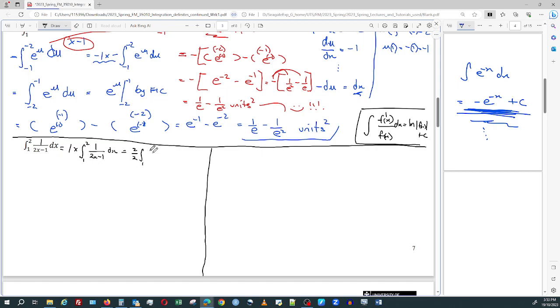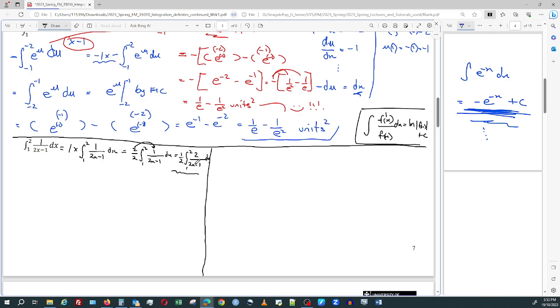So this is the maths that goes on at school. Now we're going to take this 1/2 and put it out the front, because we're allowed to do that. We did that previously. So what we've got is 1/2 the integral of 2 over 2x minus 1 dx. Ooh, all of those expressions are equivalent.